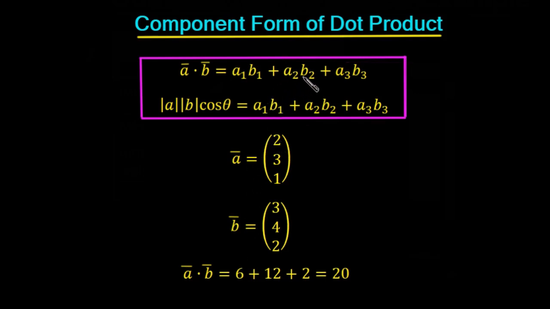Then the second component with the second component, so 3 times 4, which gives us 12. Then the third component with the third component, so 1 times 2, which is 2. We simply add these together to give us a value of 20. So this is the final value for the dot product for these two vectors.